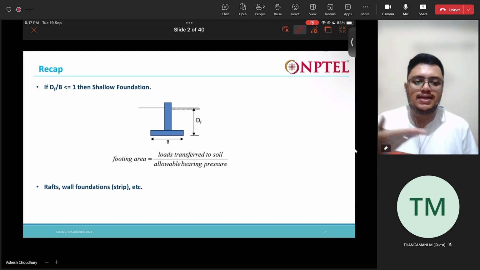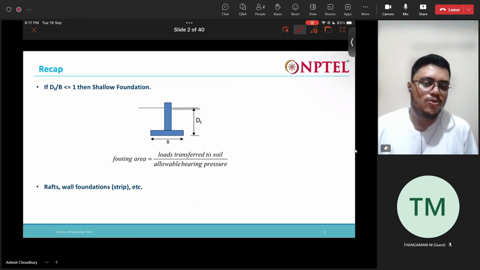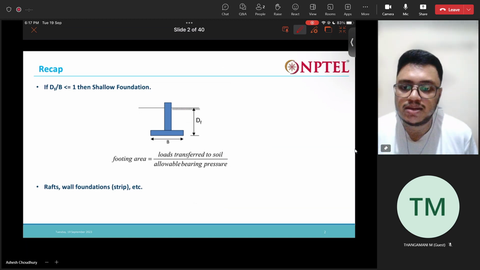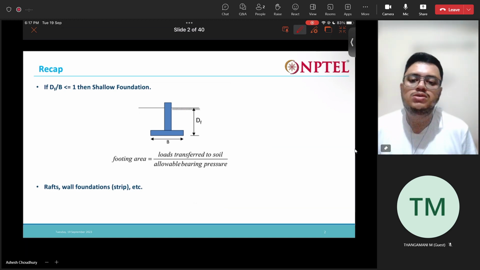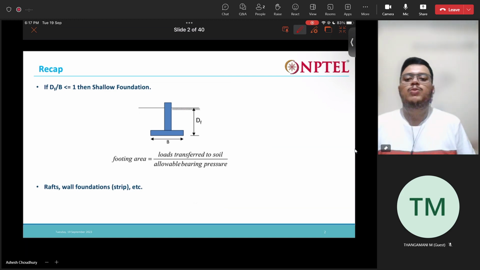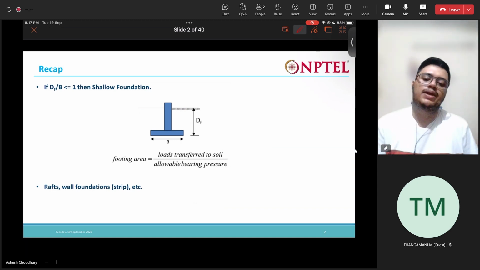The area that we need to provide so that the oncoming load is safely transferred to the soil is: footing area equals the load transferred to the soil divided by the allowable bearing pressure. When I say the loads are safely transferred, that is ensured by this allowable bearing pressure.